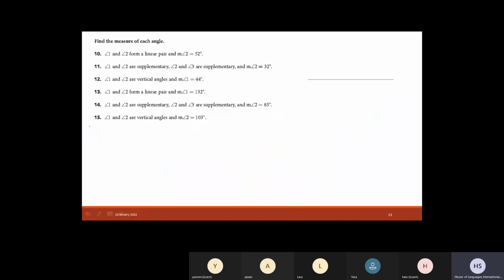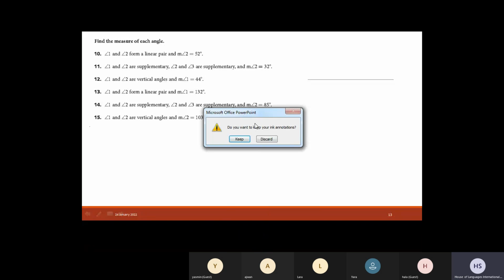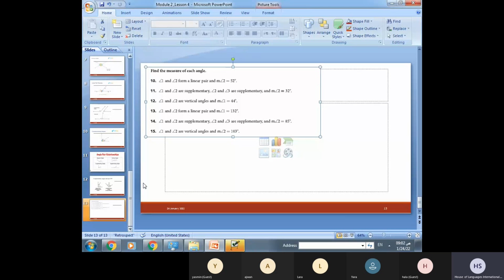Number 15, they are vertical. So if angle 2 is 17, what will angle 1 be? Make a line first. Vertical, make a line.